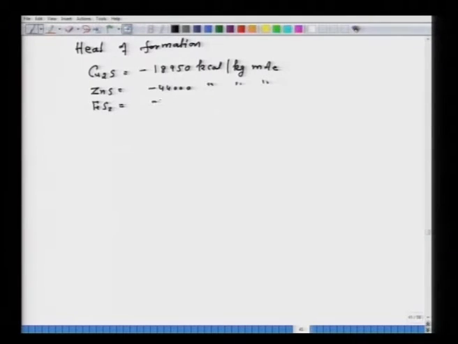FeS2, minus 35,500 kilocalorie per kg mole.